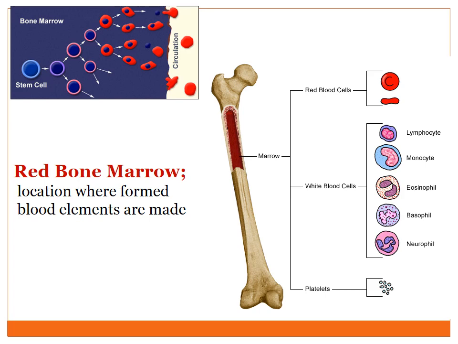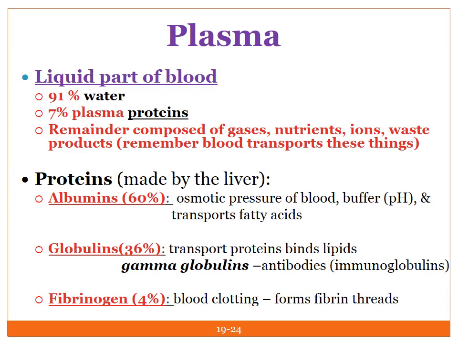Looking at plasma now, remember that the majority of plasma is made up of water, 91%. You don't have to know exactly these numbers, but just know that plasma is mostly made up of water. We also have plasma proteins, and we'll look at those in a second. The remainder will be the different gases that we see, the oxygen, carbon dioxide, nitrous oxide.